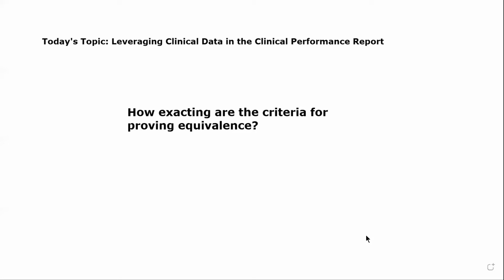So really, it's assumed that to establish equivalence, you must fulfill all technical, clinical, and biological characteristics, and that differences between the device that you're evaluating and the device that you're claiming equivalence to need to be identified and fully disclosed and evaluated and explained as part of that notified body review.